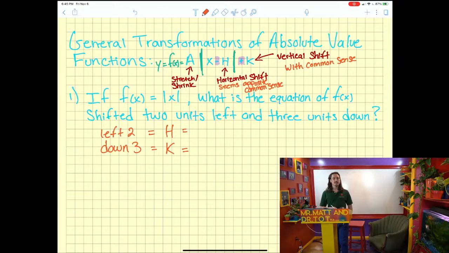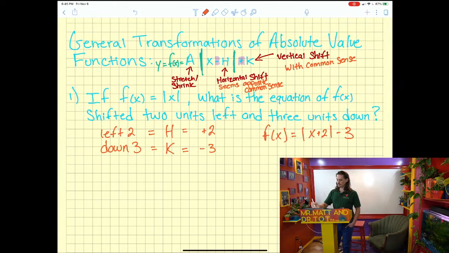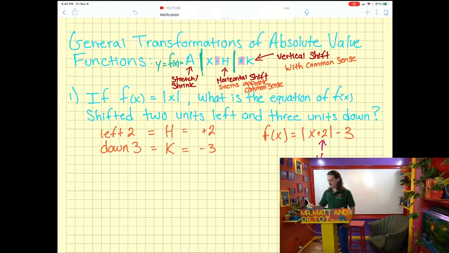If you're going left 2, that normally on the x-axis would mean negative 2, but it's opposite common sense, so this is going to be plus 2. k goes with common sense, so if we're going down 3, it's going to be minus 3. So our function here would be f of x is equal to the absolute value of x plus 2, quantity minus 3. We have our h value right here, and we have our k value right here.